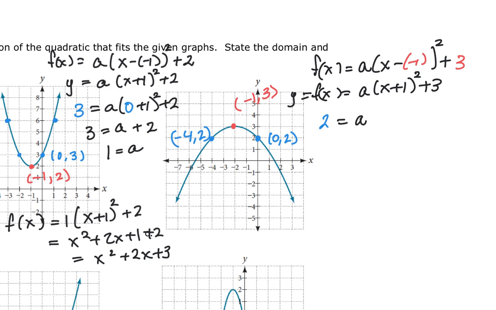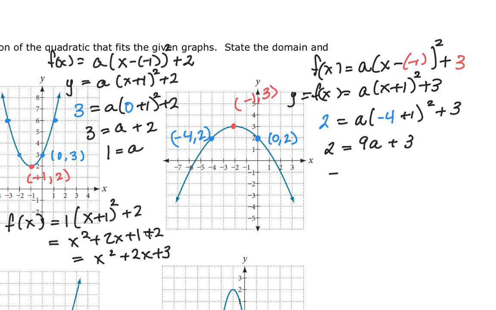So I have a, my replacement for x is -4 plus 1, the quantity squared, plus 3. So I get 2 is equal to, I have -4 plus 1, which is -3, squared is 9, so I have 9a plus 3.